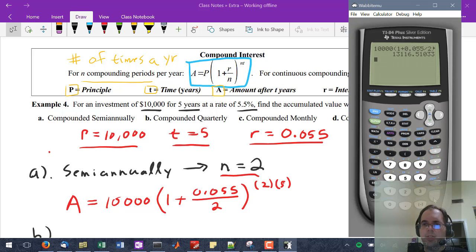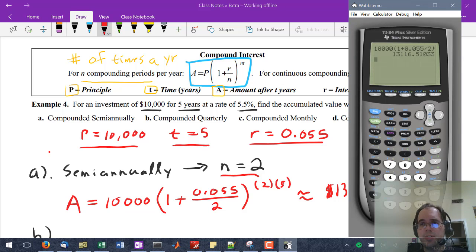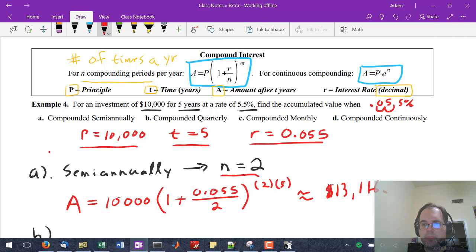I hit enter, and that gives me an approximation for this situation. So approximately 13,116, and we round to the nearest cent, .51.